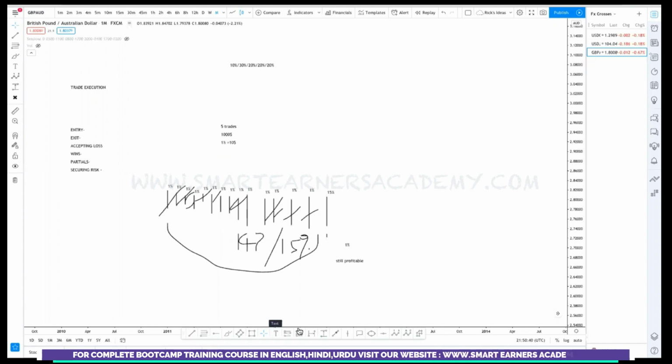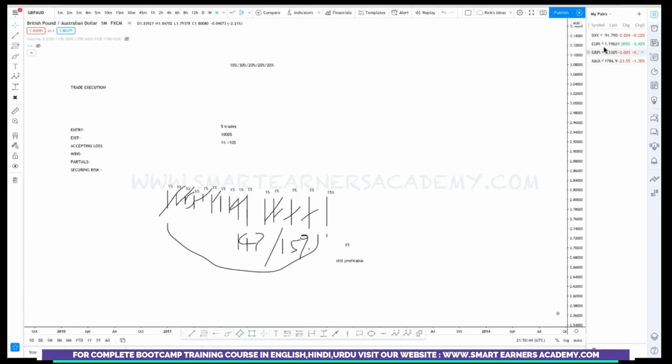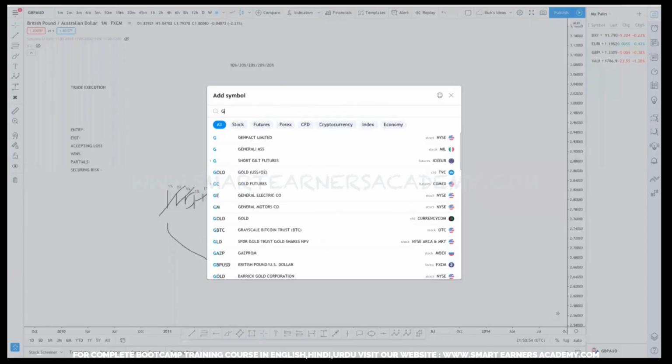All right. Let me give you guys an example with a pair. That would be GBPJPY actually. Let me bring it on this chart, please.